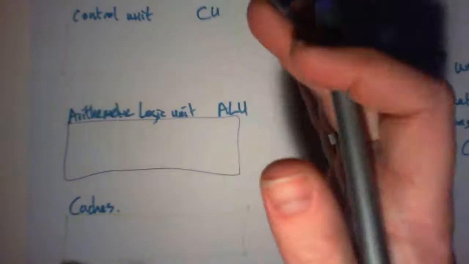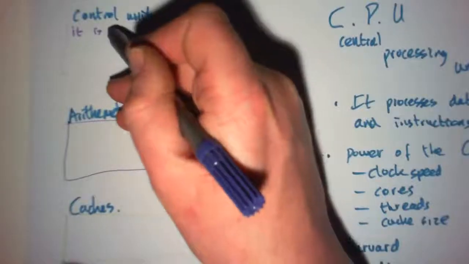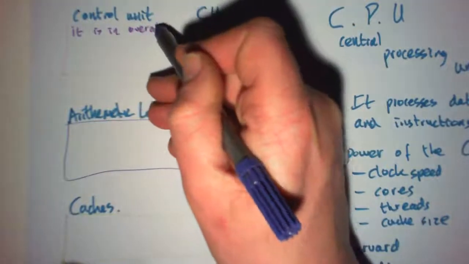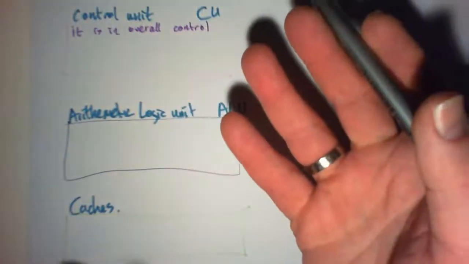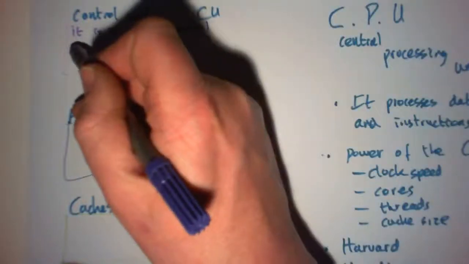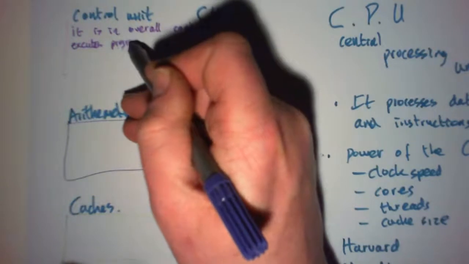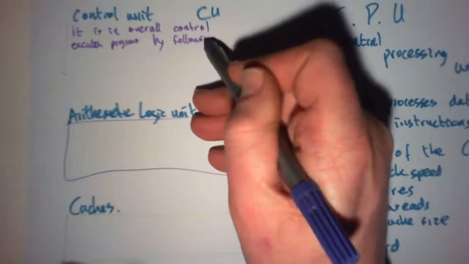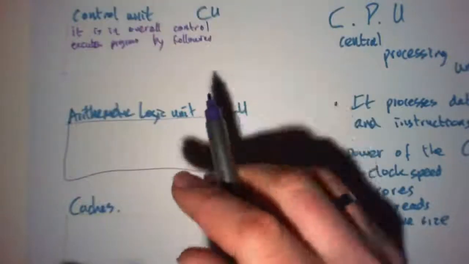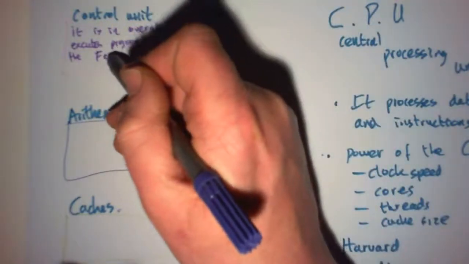The control unit is an overall control of the CPU. It executes programs by following, and this is very important, the fetch, decode, execute cycle.